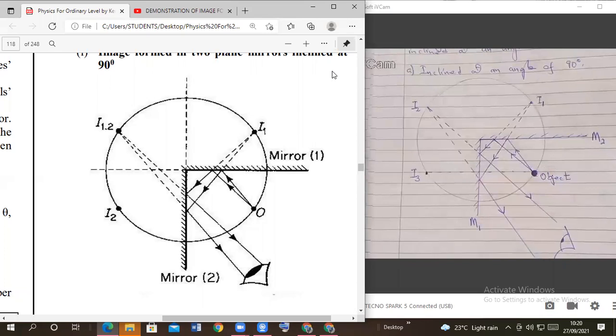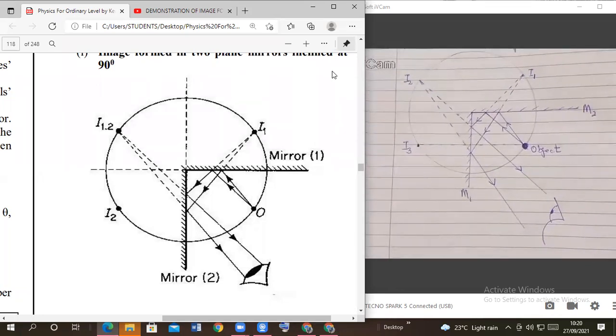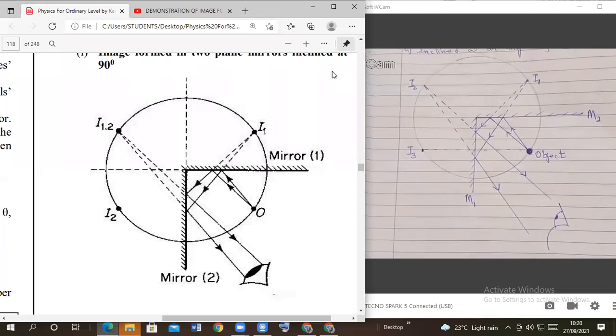Have you seen how you come out with that? Let me hope everyone has drawn it. Good. So 3 images are formed. We shall see how to derive those formulas, how to get the number of images.